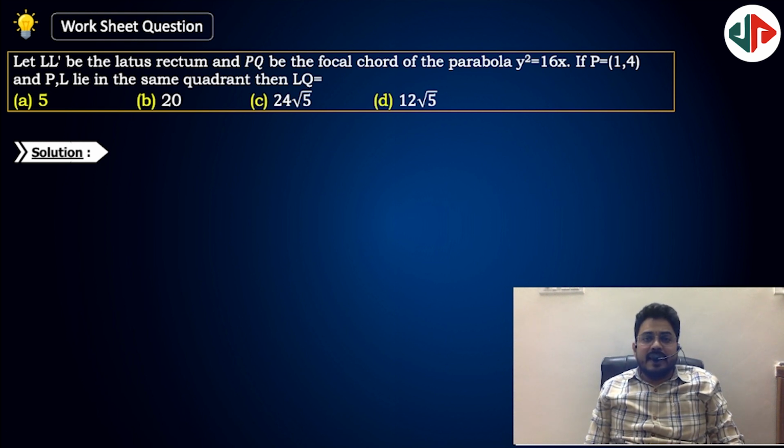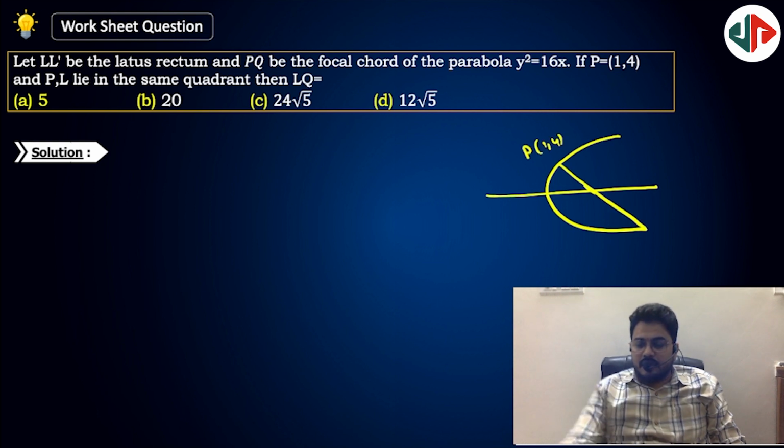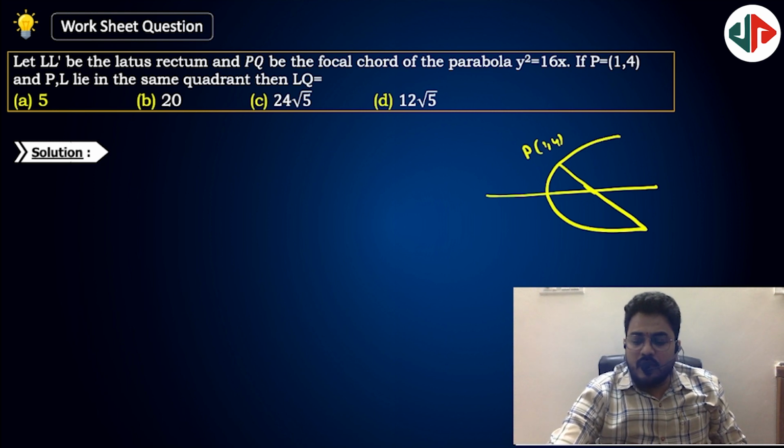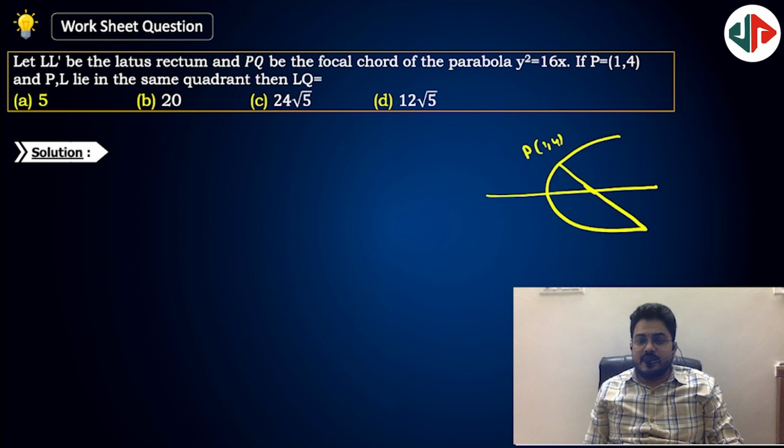See, the given parabola is y square is equal to 16x. Here the point P is 1 comma 4, and what is Q? This is the focal chord, and L is equal to 4 comma 8, L dash will come.